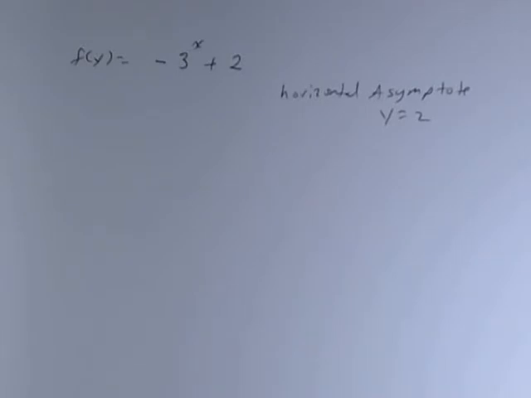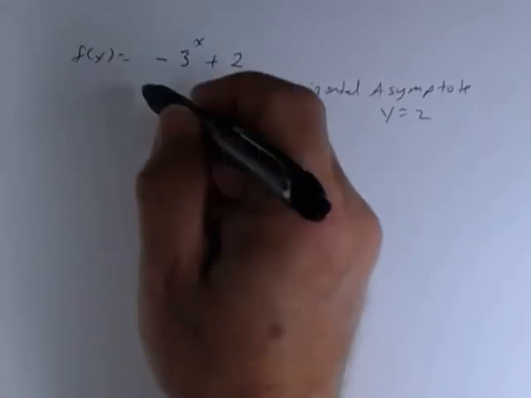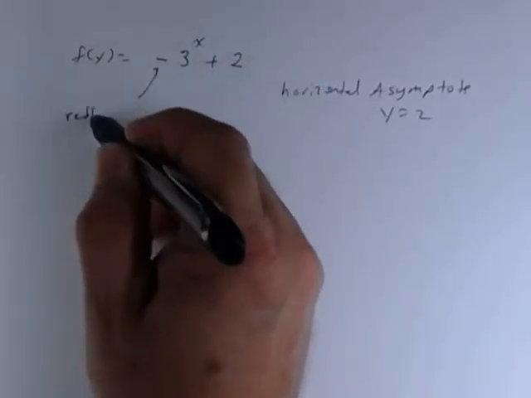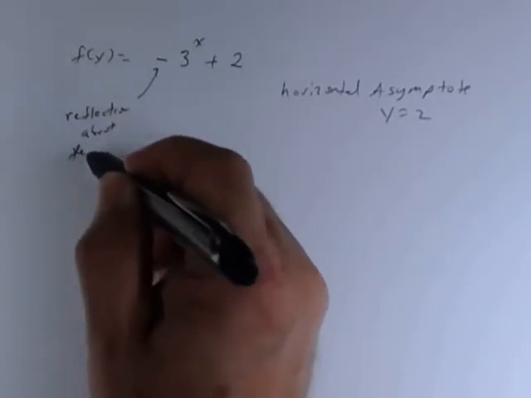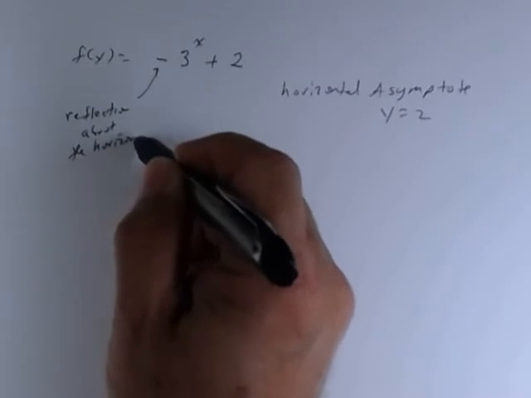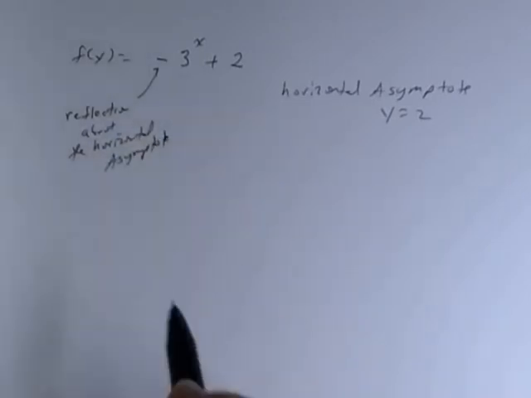It's below because of that negative. That's a reflection. So this is a reflection about the horizontal asymptote. So you can see how it's going to look.